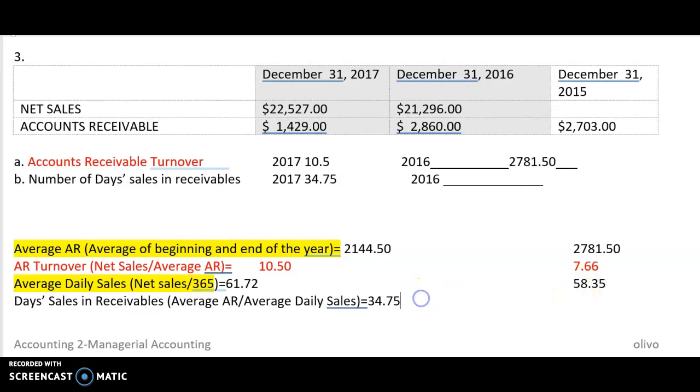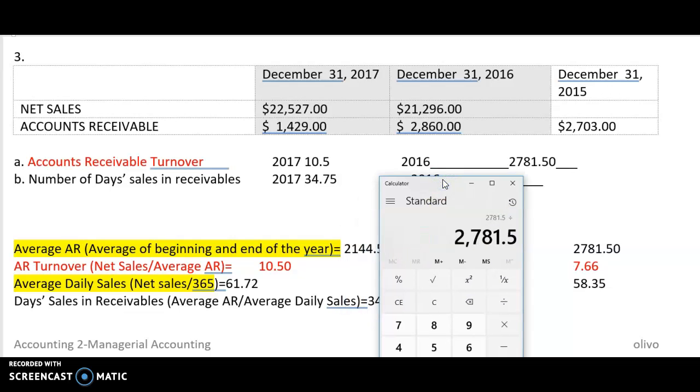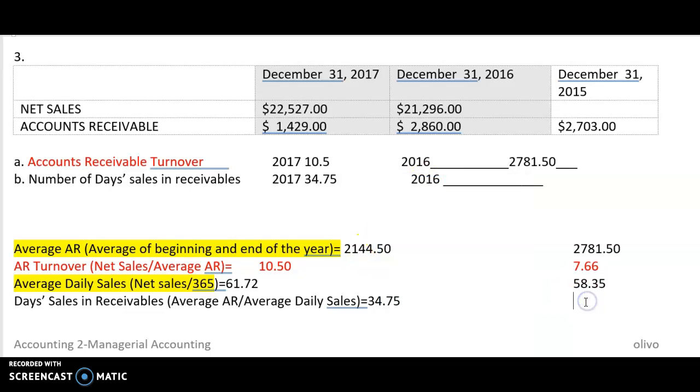And to get my last one, I'm going to then use those two numbers. So to find my average AR daily sales, 2781.50 divided by our new number, 58.35, and I get 47.67.